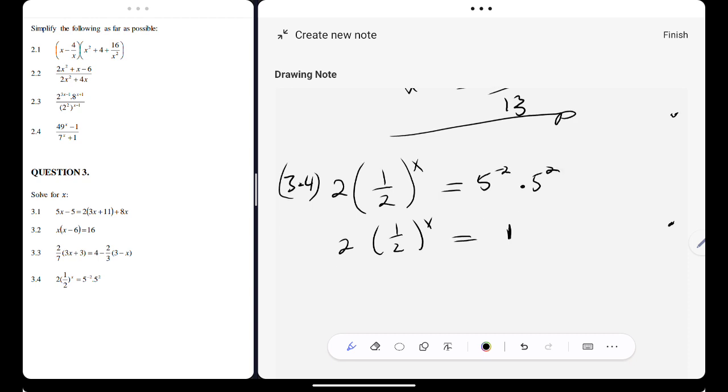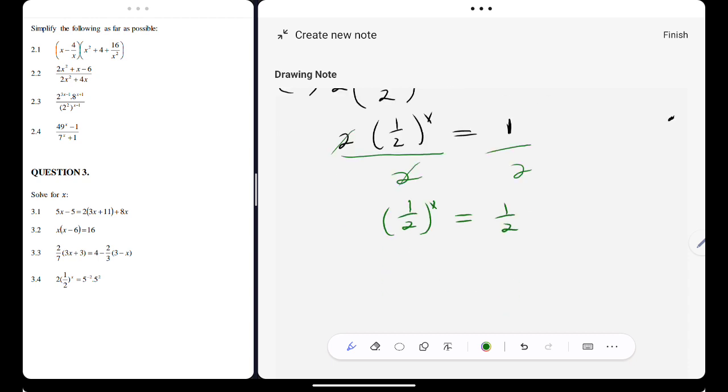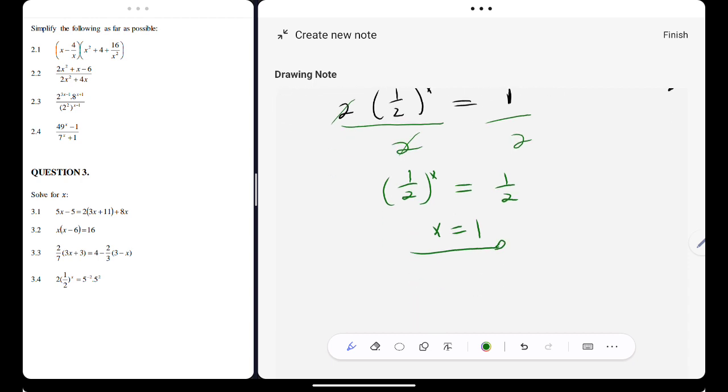Add together, and then I'll divide both sides by 2 for me to remove this, because whenever I solve x and x is at the exponent, I must isolate the base with the exponent. Add together. Now it's fully isolated. I have this and this. Whenever I'm solving x, I must try to make my bases the same and then make the exponents equal. My bases are the same, therefore x is equal to 1.